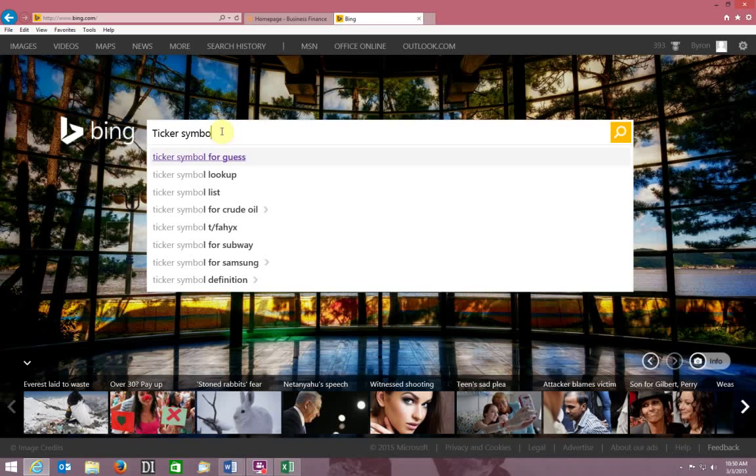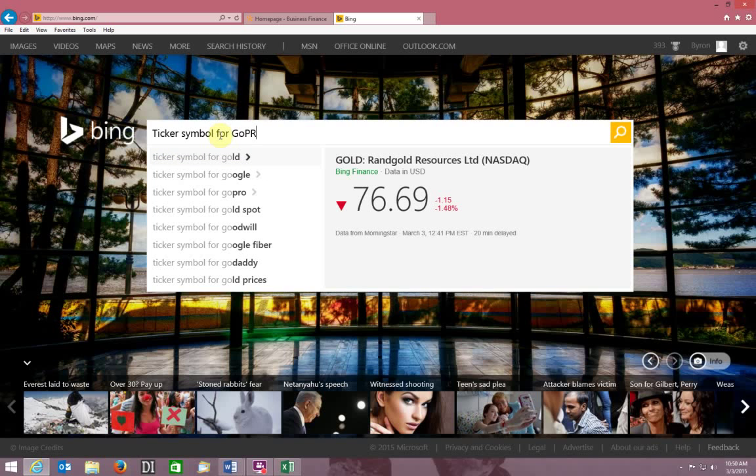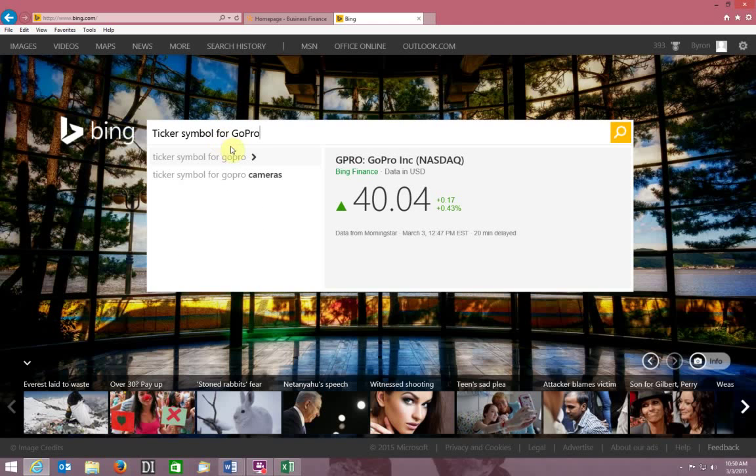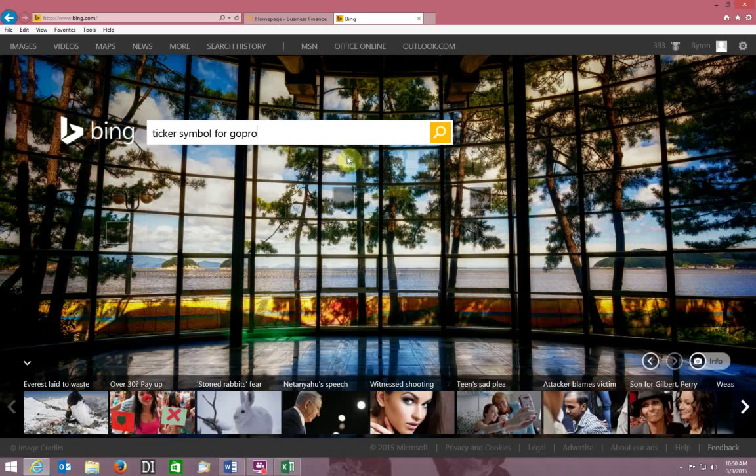Golly. Symbol for GoPro, and I think it's GoPro. And it actually gave it to me right there, GPRO, okay?